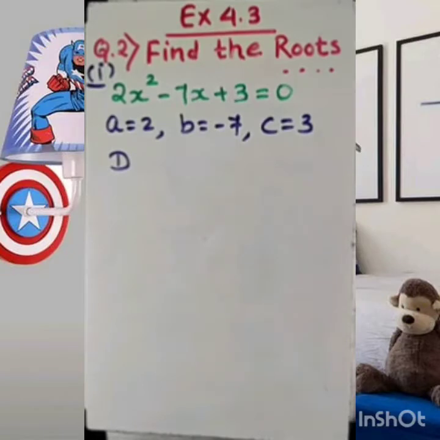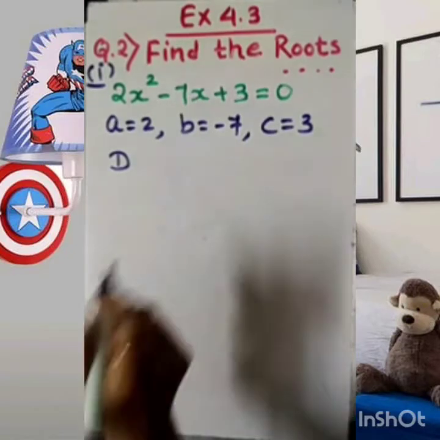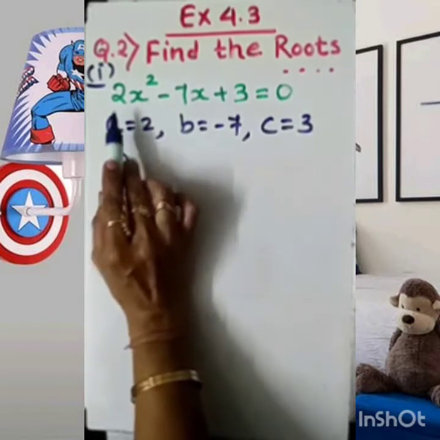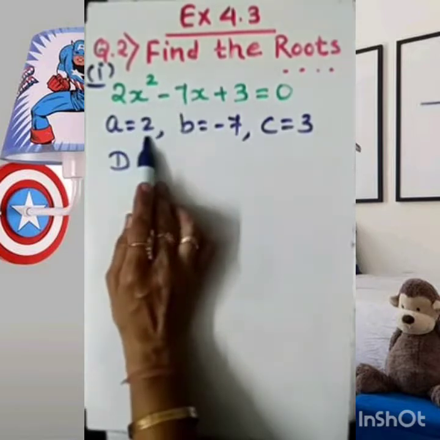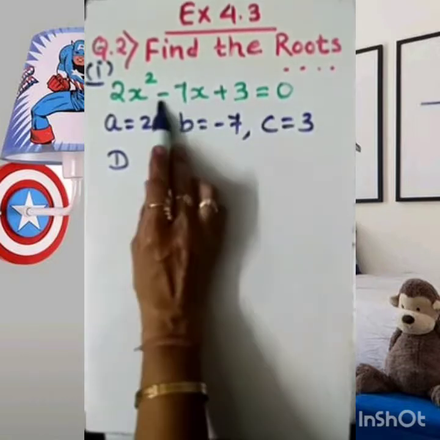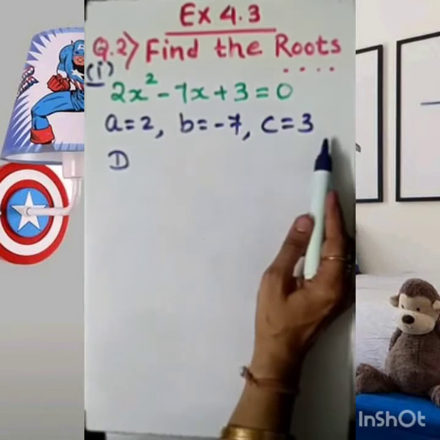So once again, look at your screen: a is 2, b is minus 7 along with this sign, and c equals 3.